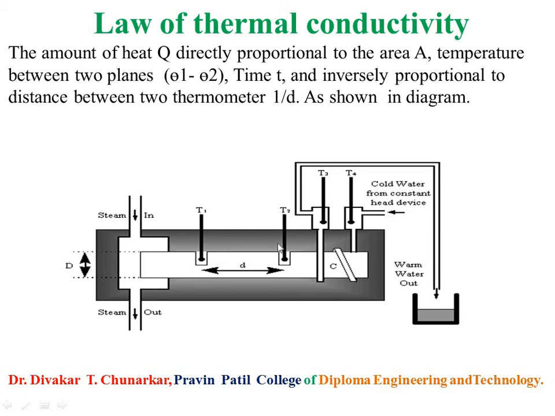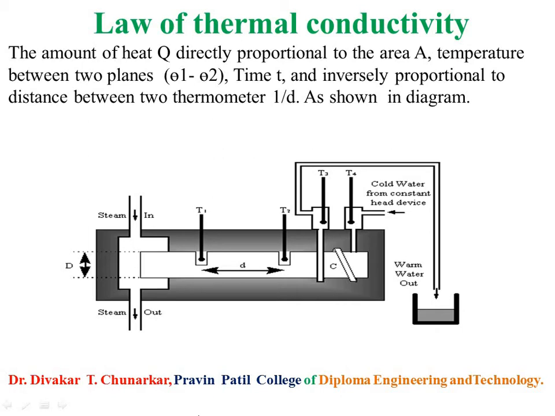At that time, the amount of heat Q is directly proportional to the area of the rod, directly proportional to the temperature difference of the two planes, directly proportional to the time t, and inversely proportional to the distance between two thermometers.